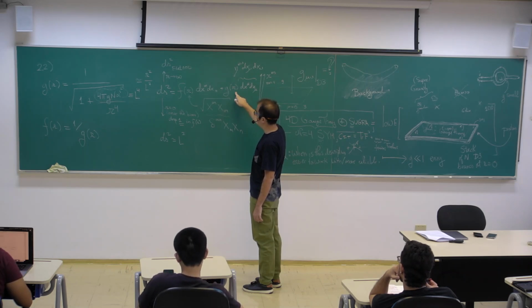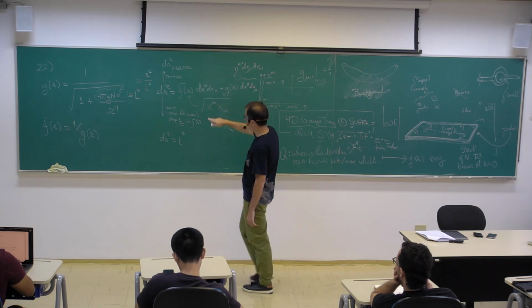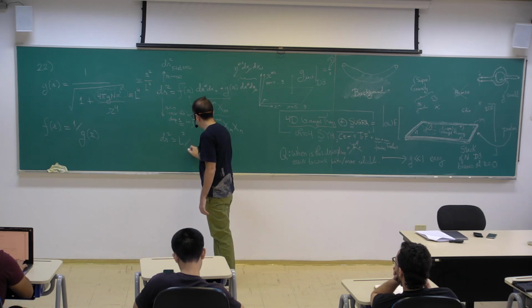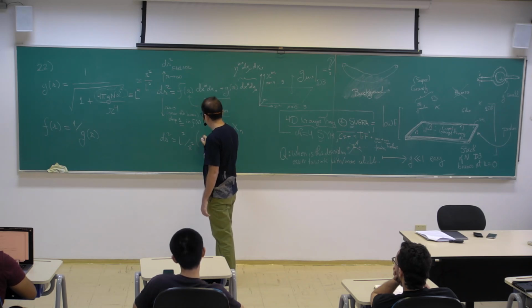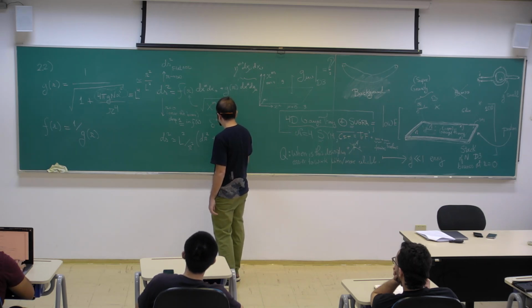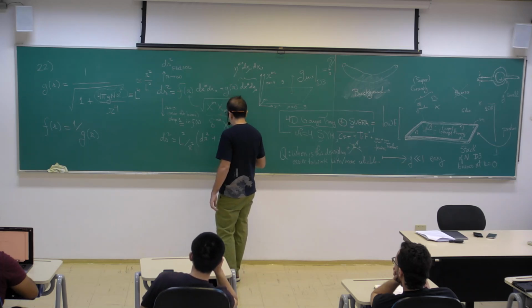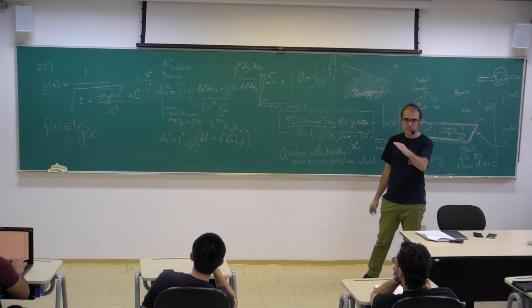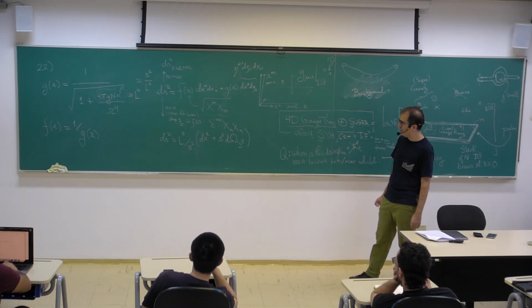F is the inverse of that, so that will be L squared over R squared times the metric of 6 dimensions that I will write as dr squared plus R squared times the metric of a 5-dimensional sphere. I went to 6 dimensions and I wrote it in spherical coordinates, as radial plus R squared times the metric of a 5-dimensional sphere.